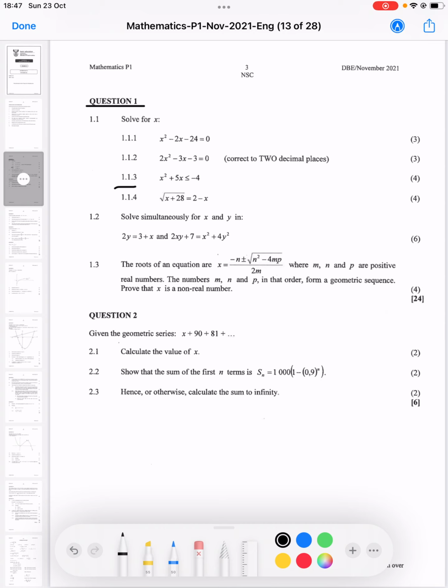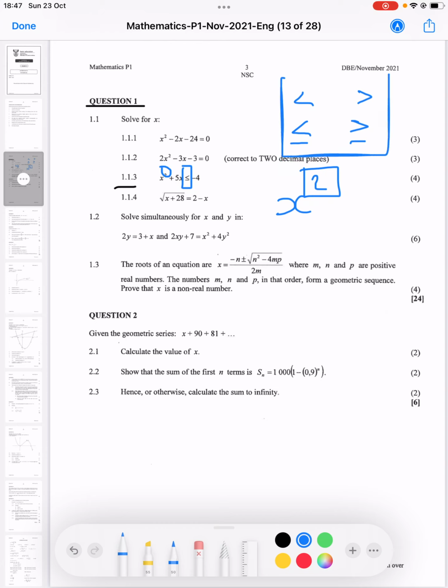1.1.3, can you guys see that we have again a quadratic, but it's not an equation and it is an inequality because of that sign. The moment you see less than, greater than, less than or equal to, greater than or equal to, then you know if one of your variables is to the power of 2, it's a quadratic inequality.